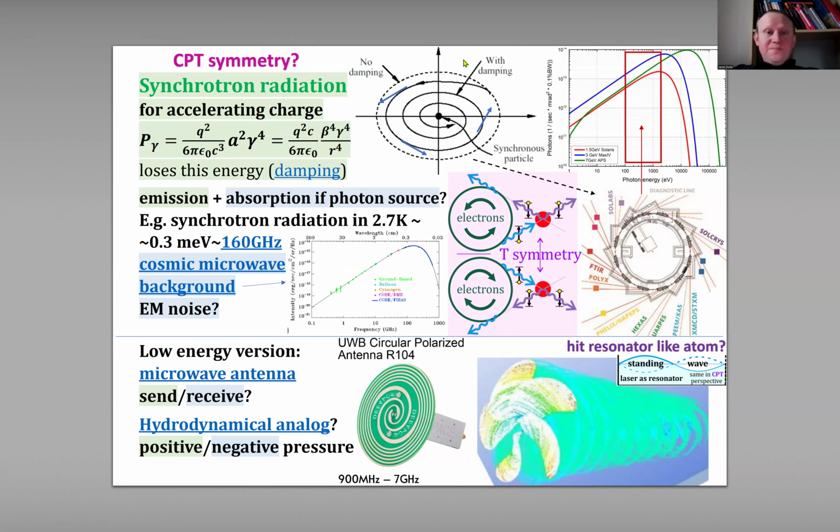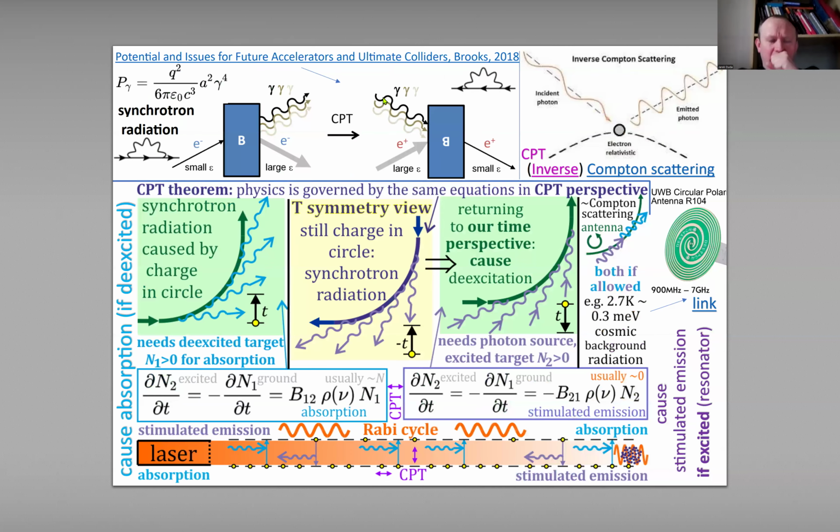What about the CPT symmetry here? I found one article considering CPT symmetry and synchrotron radiation, with this picture that indeed there is not only emission of photons, but there should also be absorption of photons. Also, there are these basic Feynman diagrams like here, where photons can be emitted and absorbed.